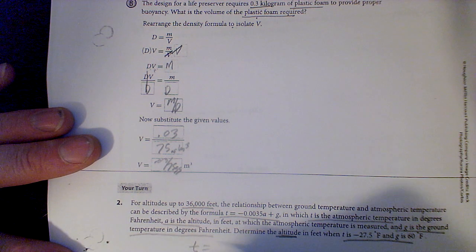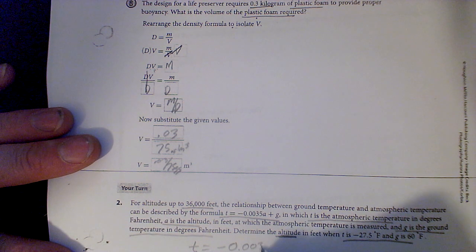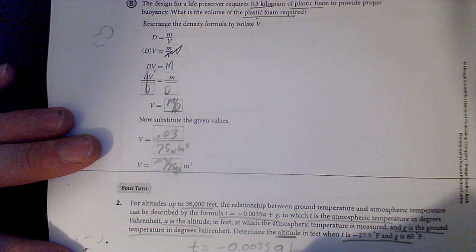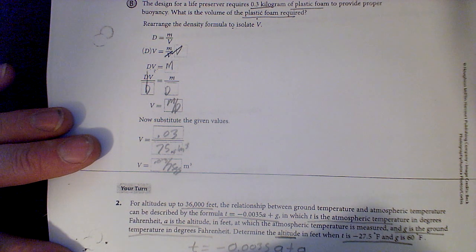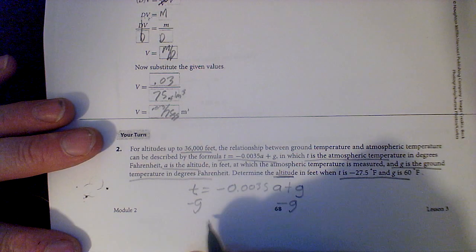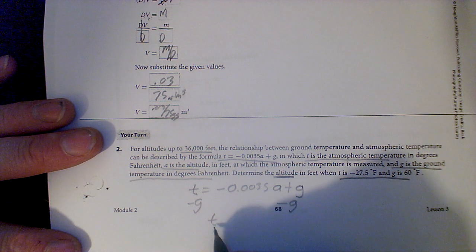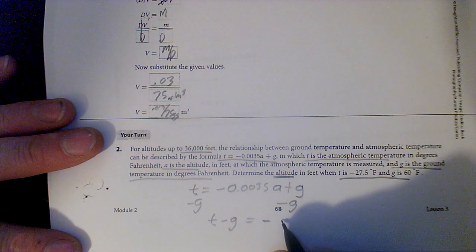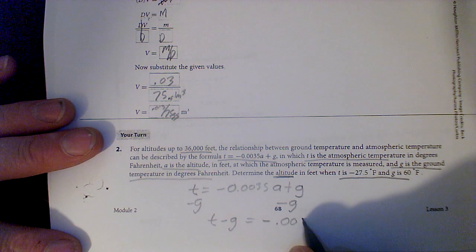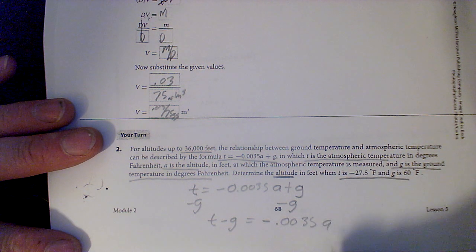I'm going to write T equals negative 0.0035 altitude plus G. We want to solve for altitude, so we subtract G from both sides, because that's a plus. The inverse of addition is subtraction. And I get T minus G equals negative 0.0035 altitude.